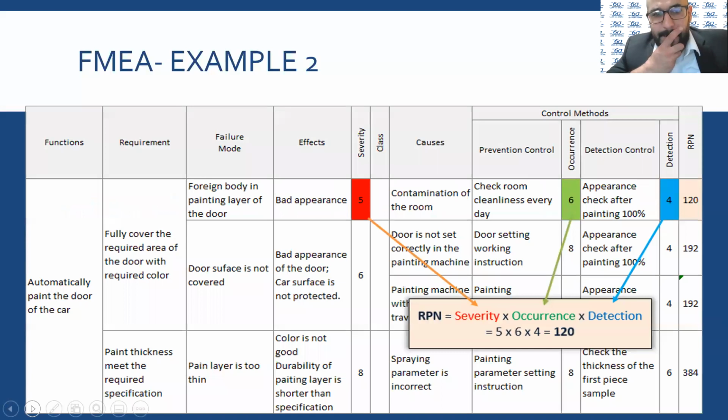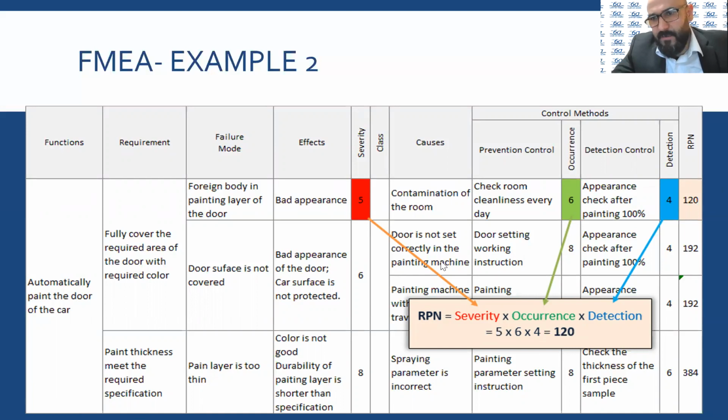Here's another example. We look into the severity times the occurrence times the detection, just to show you exactly what you need to do. You have to find the function, the process, the failure mode, the effect, the severity, cause, current control, and detection. Multiply all these by each other and find the RPN.